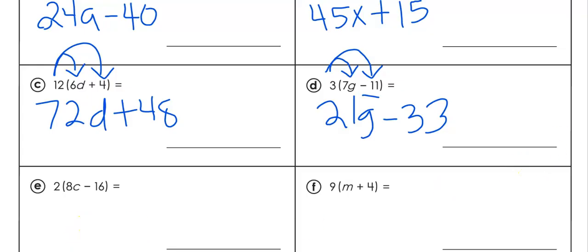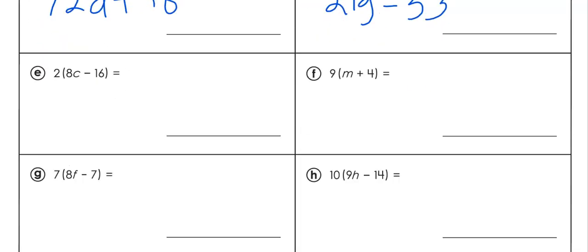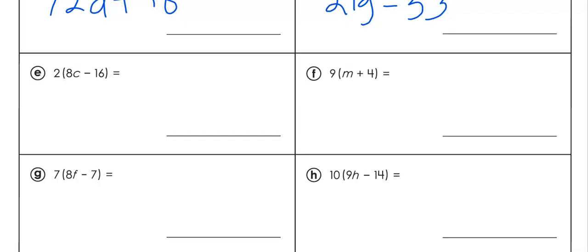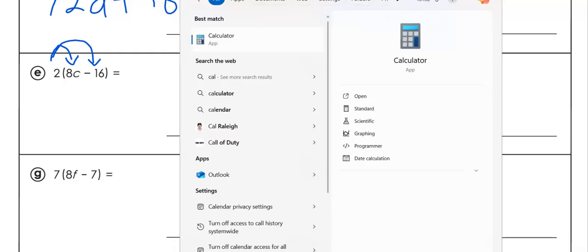All right, let's do 2 more, and then I want you to do the rest on your own. Pause the video if you're having a hard time. All right, let's do this one. Same thing. So every time you see parentheses and a number right outside of it, you know you're going to have to do distribution.